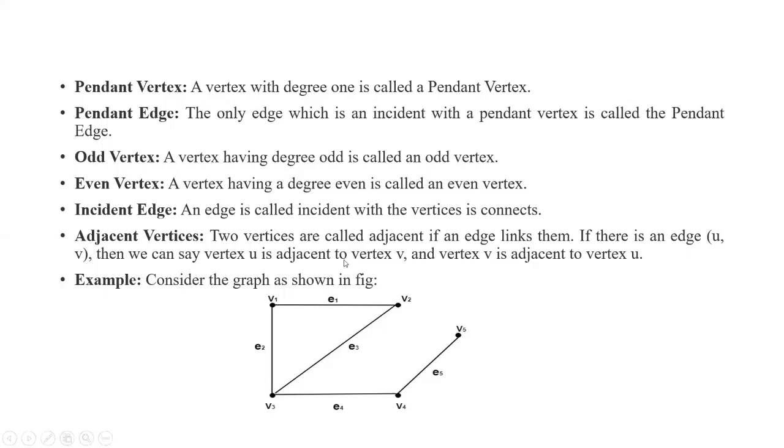Here V1 and V2 are adjacent because they are connected by edge e1. Same with V1 and V3, connected by edge e3, and V3 and V2 are also adjacent vertices.